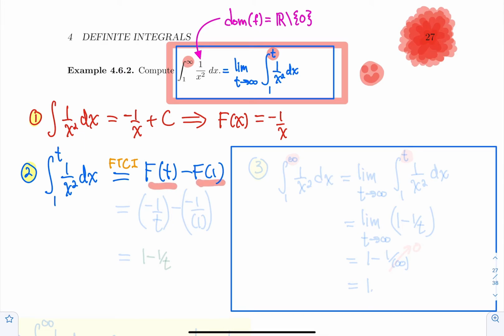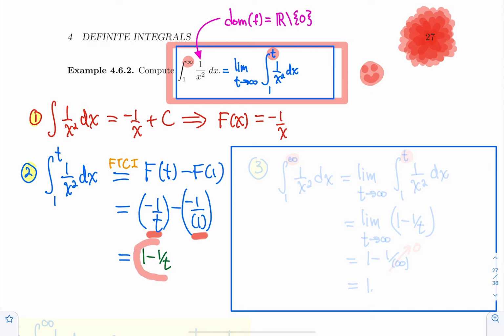And we know what big F is, so we just evaluate big F at t, and we evaluate at 1, and we subtract the two, so you're going to get minus 1 over t minus, minus 1 over 1. And it's really important in these questions to simplify this expression with respect to t, because we're going to push it using a limit. So simplified, this is 1 minus 1 over t. So that's my definite integral of 1 over x squared over the interval from 1 to t.